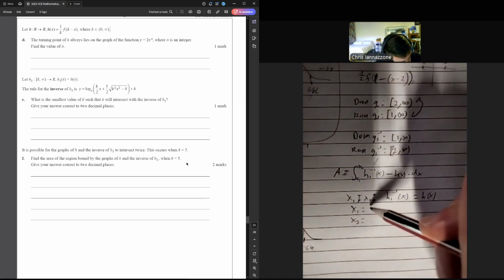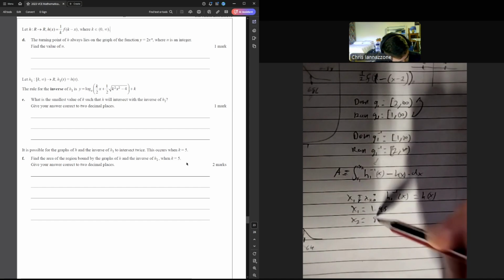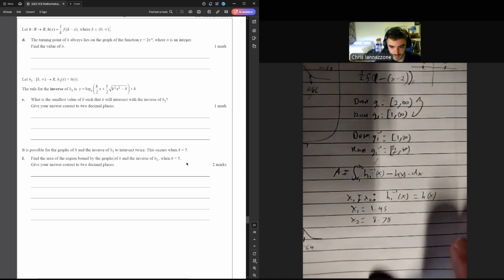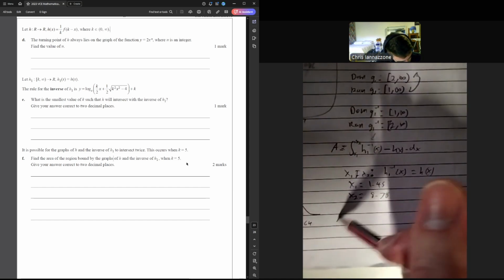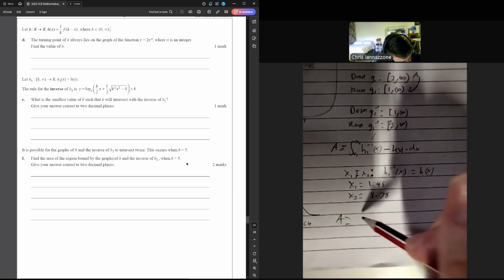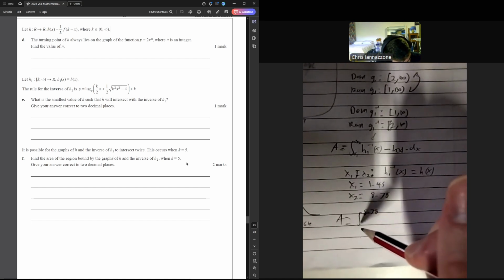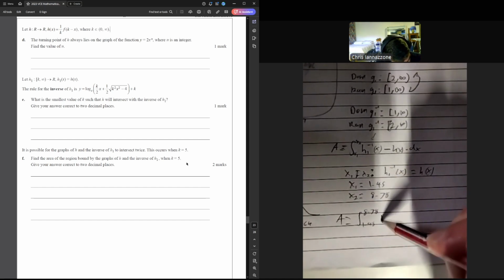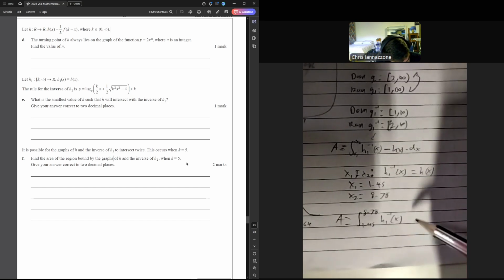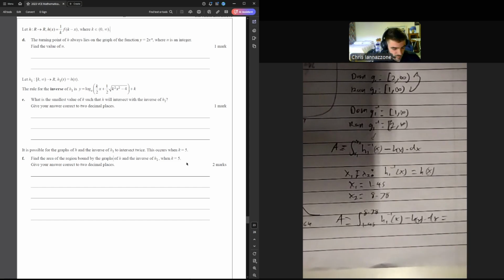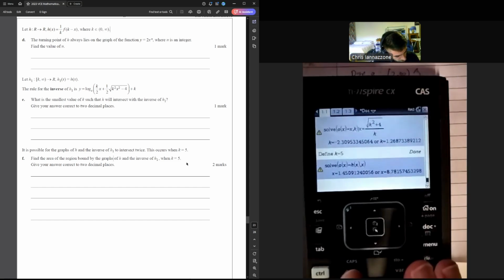So you do your 1.45, 8.78, and then finally you would plug those in as your integral. It would say area A is equal to the integral from 1.45 to 8.78 of h1 inverse minus h of x, and then just give whatever that actually becomes.